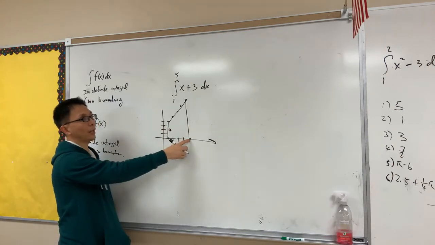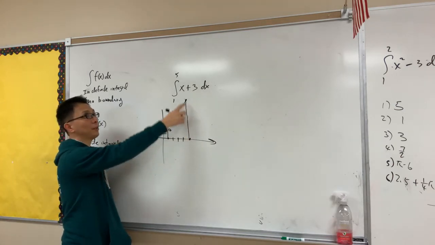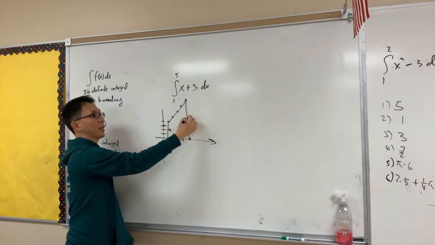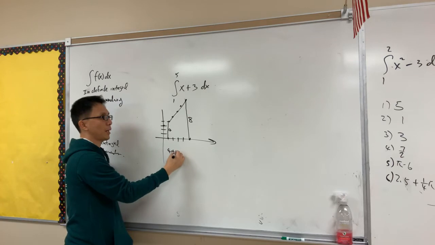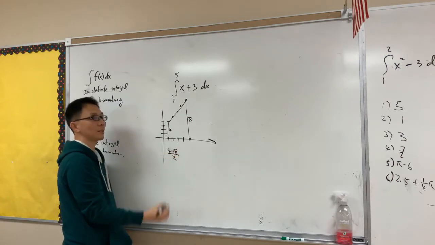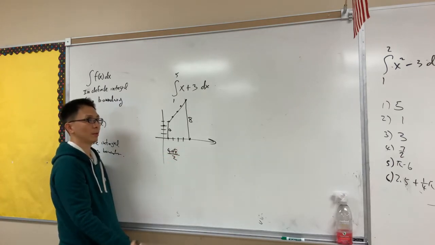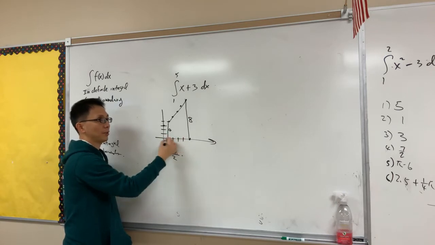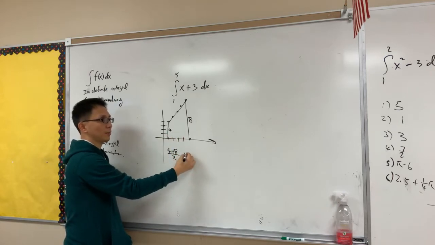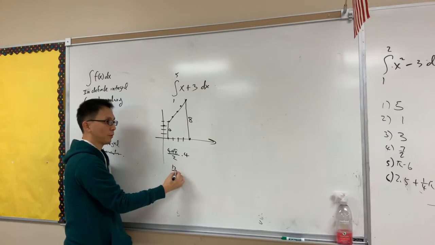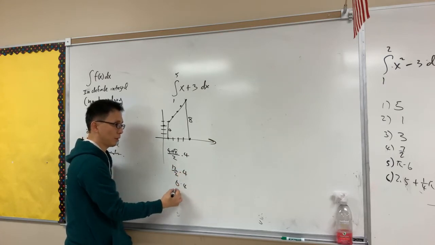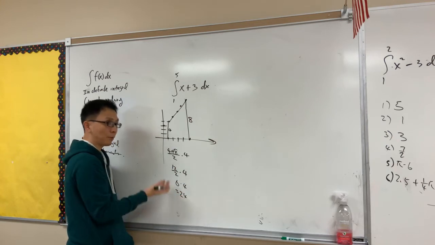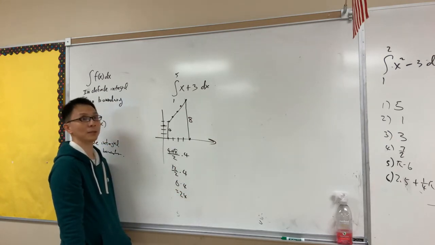If I want to find out the height here, then I just plug in 5 into the function. It's going to be 8. So it'll be 4 plus 8 divided by 2. That's the average of the 2 bases, multiplied by the width, which in this case is 4. So that's equal to 12 over 2 times 4. 6 times 4, that's equal to 24. Now, of course, you prefer to do it this way because it seems a lot easier.